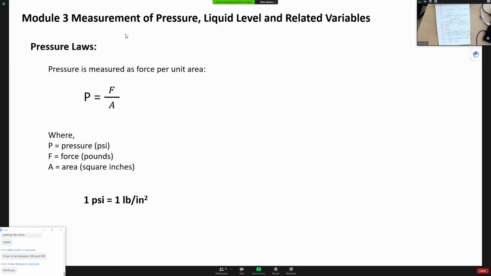So first, if we want to measure pressure, we have to know what pressure is. So pressure is measured as a force per unit area. I'm not sure if you learned this in your high school or not, because I didn't go to school down here before grade 12.